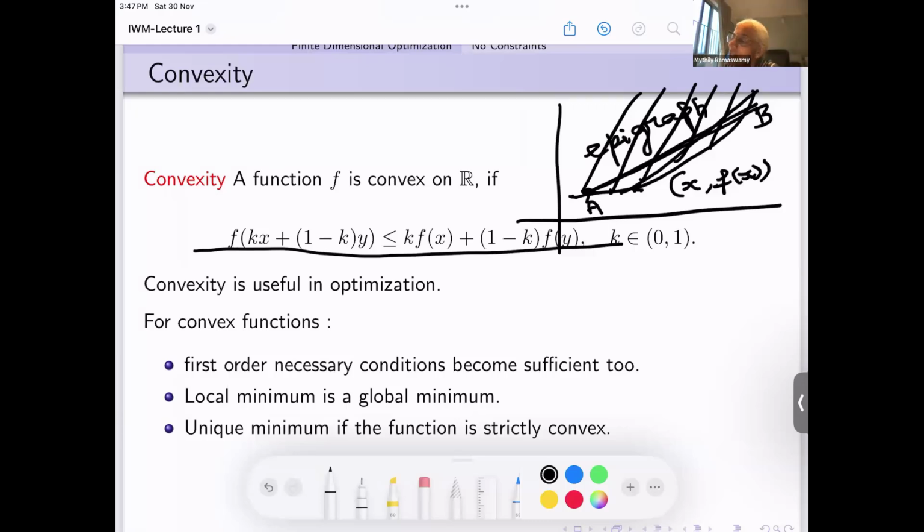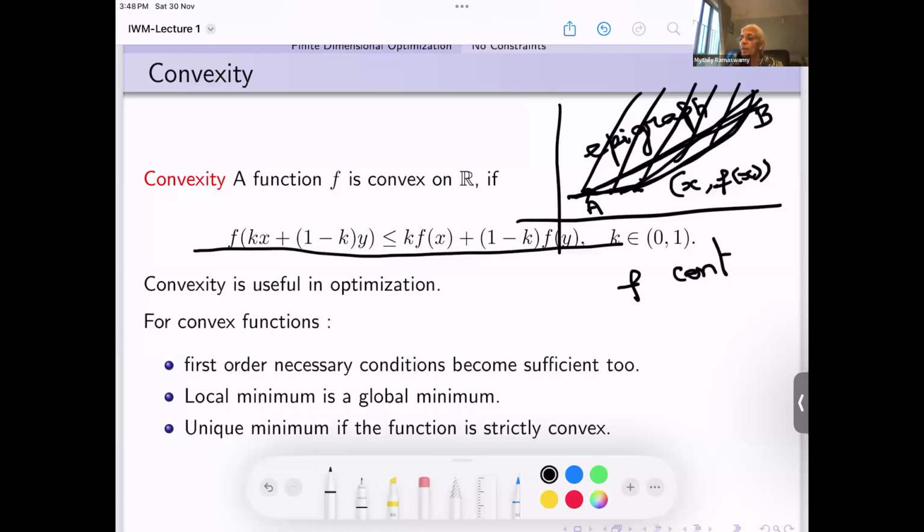Now convexity has several interesting properties. So this is a convex function, so it satisfies this property. It becomes continuous on an open set, and its derivative will have a certain monotone property. And the second order derivative, you can say, and that is why the first order necessary conditions become sufficient.